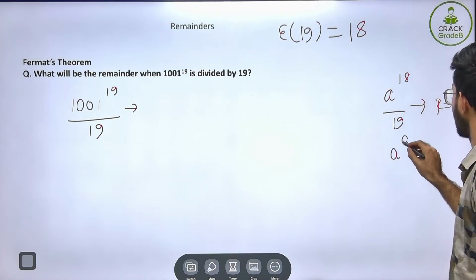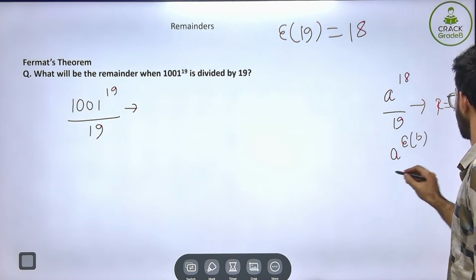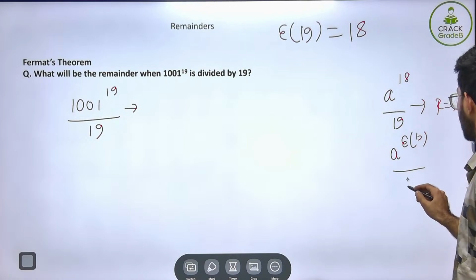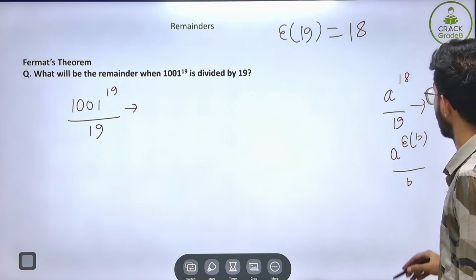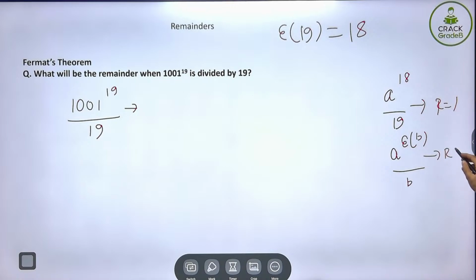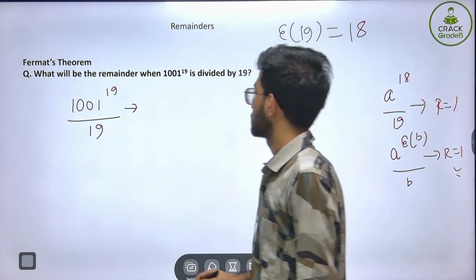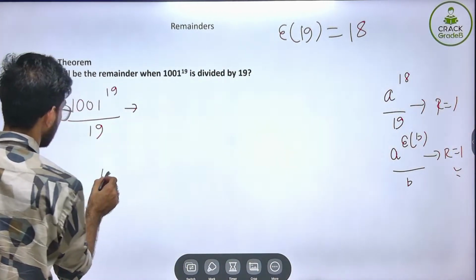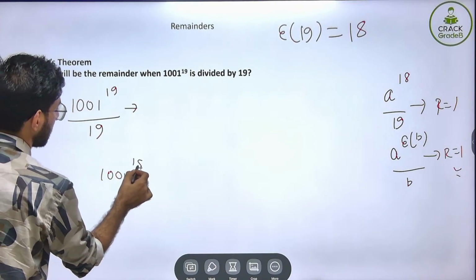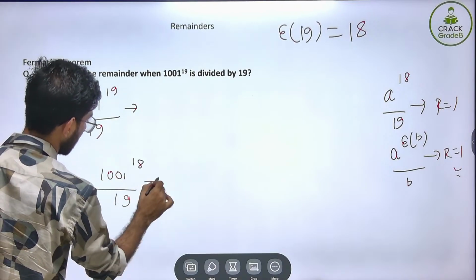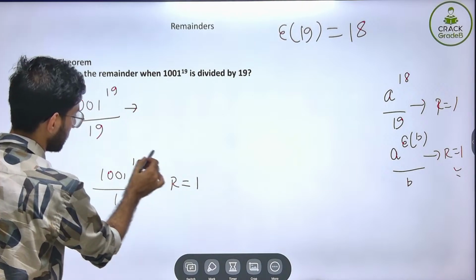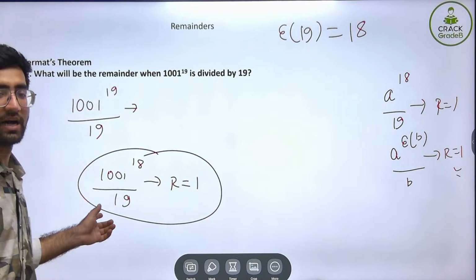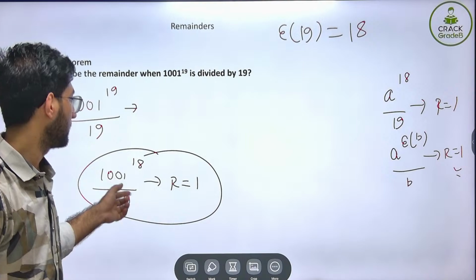We have learned from Fermat's theorem that if you divide a to the power Euler number of b by b, you get remainder that is equal to 1. So basically, if you divide 1001 to the power 18 by 19, you will get remainder that is equal to 1. Right? Why? 18 is the Euler number of 19.